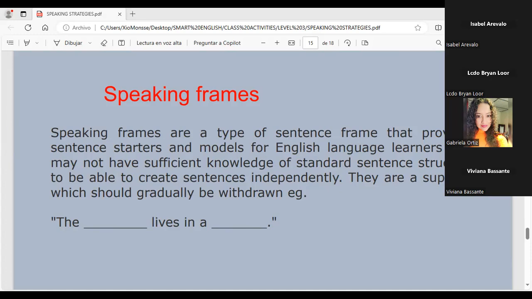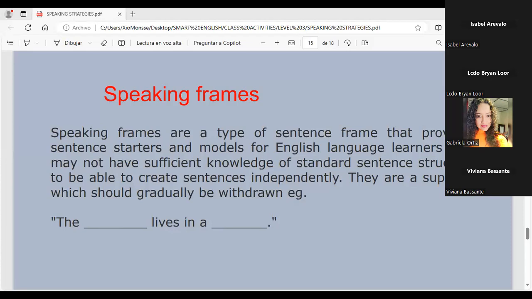Harder? I think, for example, these sentences are for beginners. A beginner student can complete this.